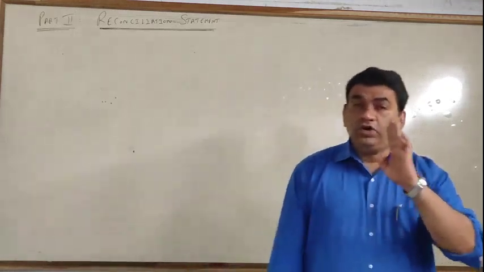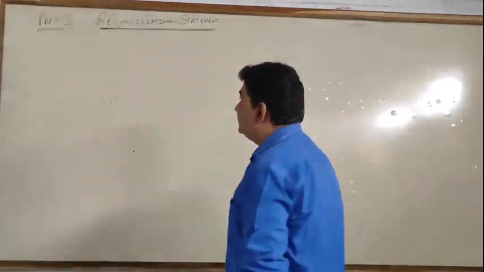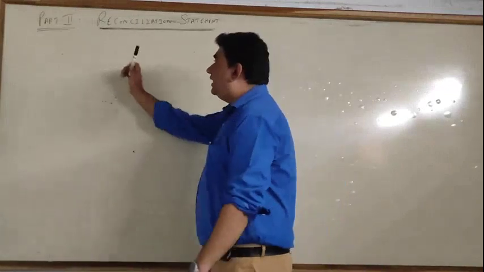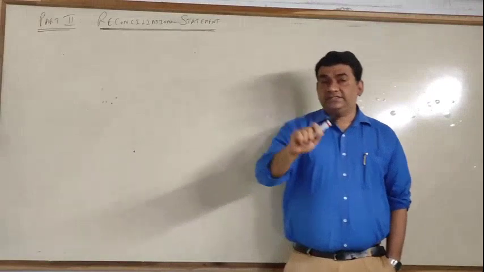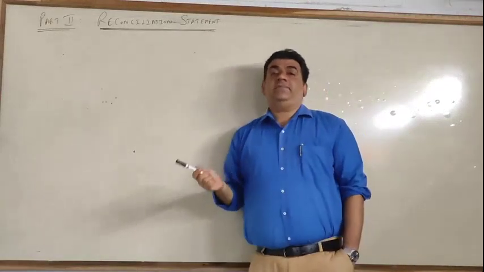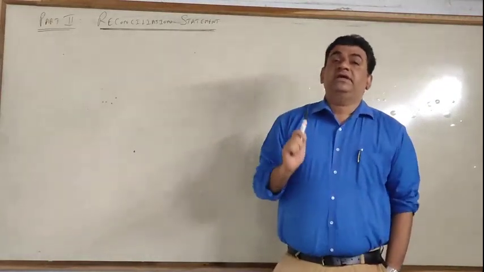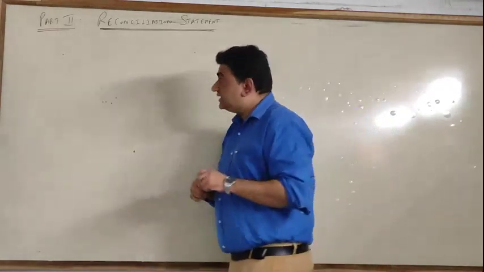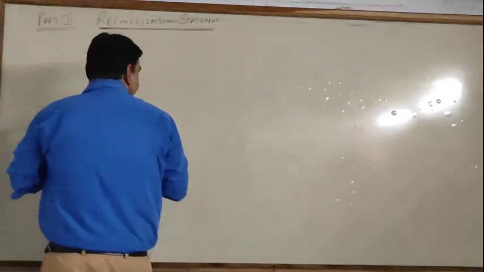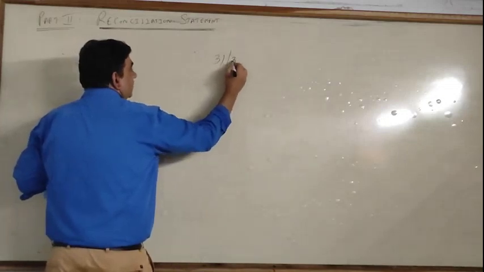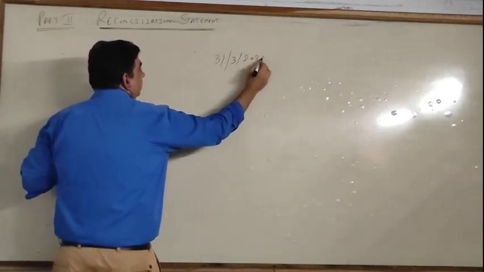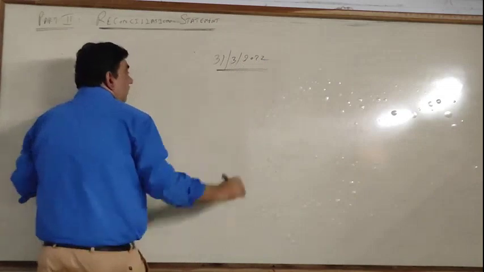Okay, now what do you mean by reconciliation? Let's discuss that first. The name of the part is reconciliation statement, that is stock reconciliation statement or inventory reconciliation statement. Now listen, understand the basic funda. Let's assume your year is ending on 31st March 22.